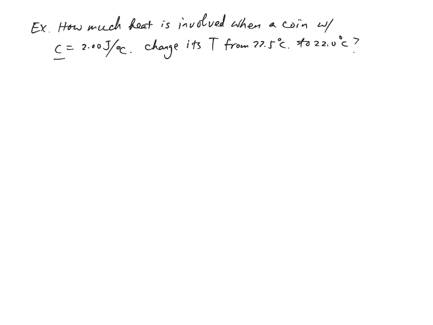So we have C, and we want heat, so Q equals C delta T, 2.00 joules per degree Celsius times the final temperature 22.0 minus 22.5 degrees Celsius. Degrees Celsius cancel, and the calculation gives you -1 joule.